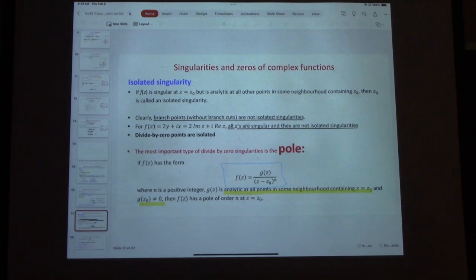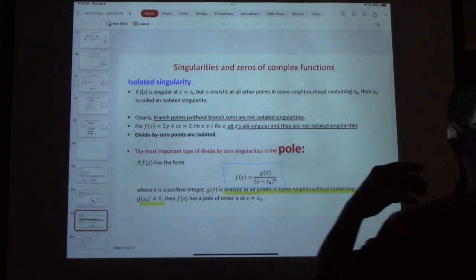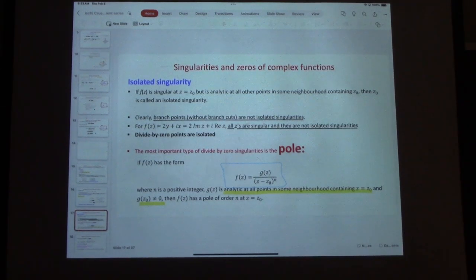Last lecture, we introduced one of the most important formulas in complex analysis, the Cauchy formula, which allows you to express an analytic function in a region as the integral over the boundary. Okay? So that's very important.